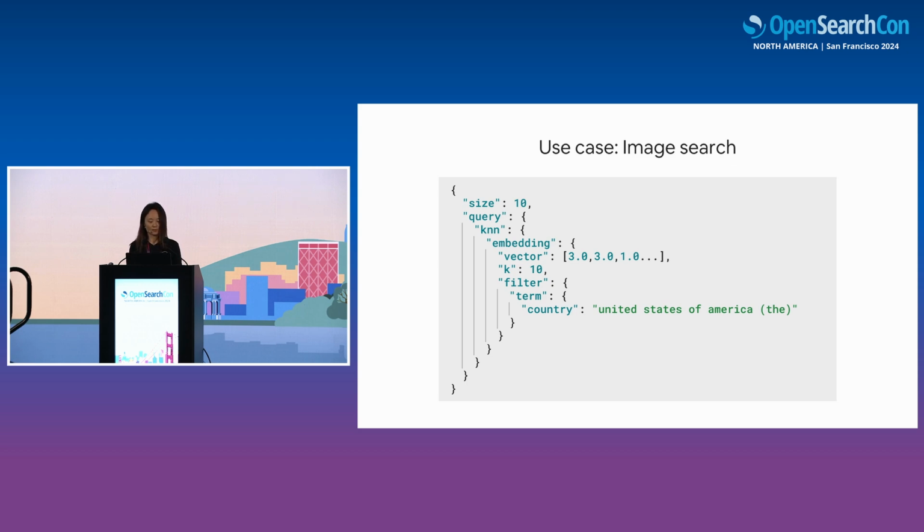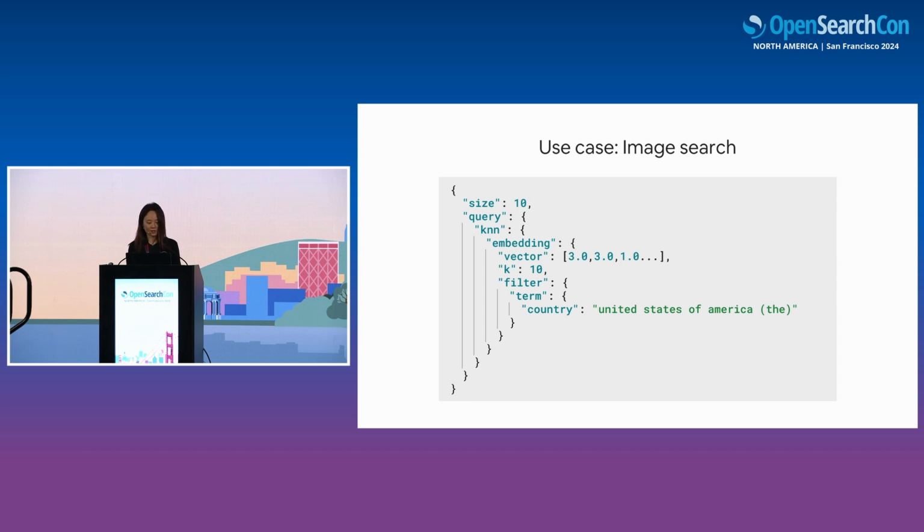What is notable here is that the filter is put inside of the KNN query clause, which triggers the so-called efficient KNN filtering that OpenSearch supports. This is a hybrid filtering approach that applies filtering during search rather than just before or after the KNN search. So this guarantees that if there are enough matches, we will always get exactly K results.